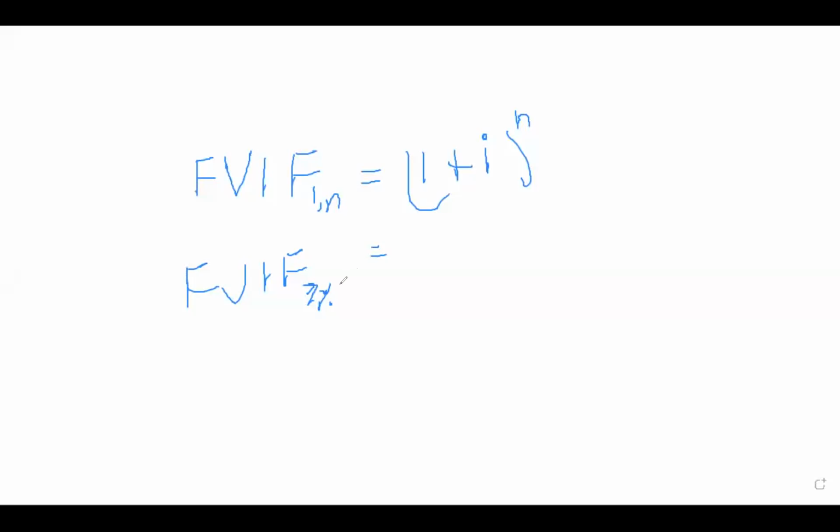So here we need to write the n. For example, if n is 5, then this interest factor would be written as 1 plus I. I was 7%, so we will write 1 plus 0.07 raised to power 5.